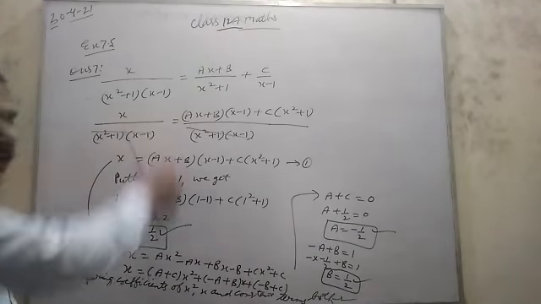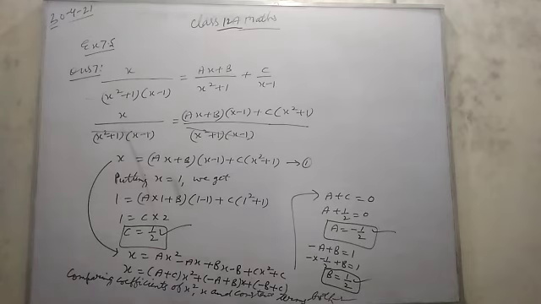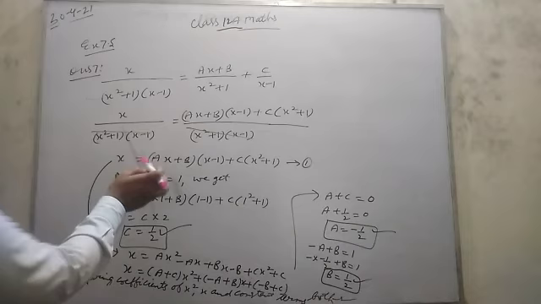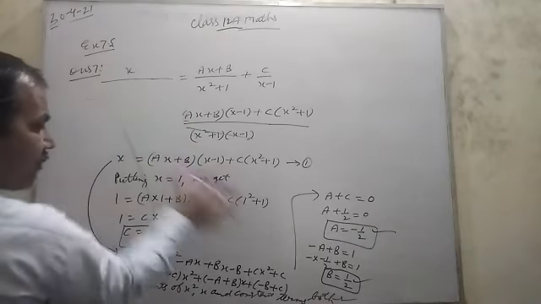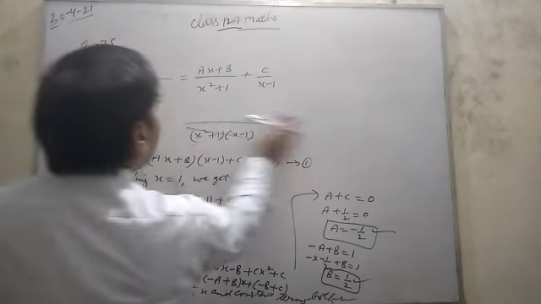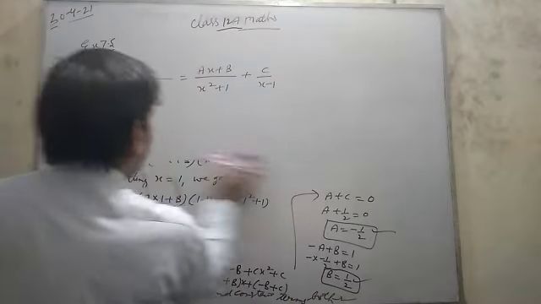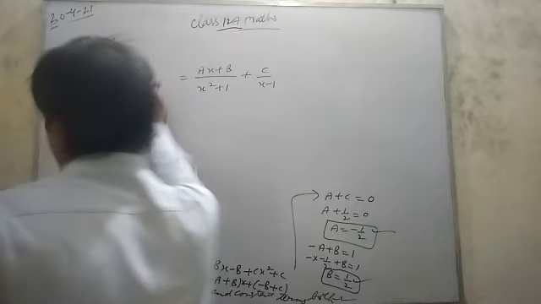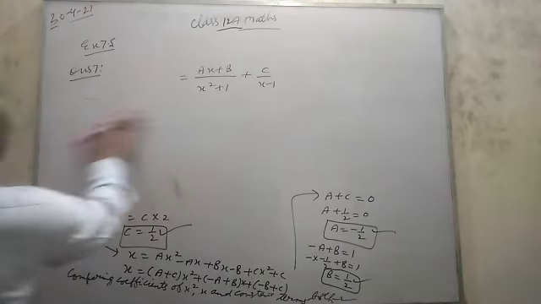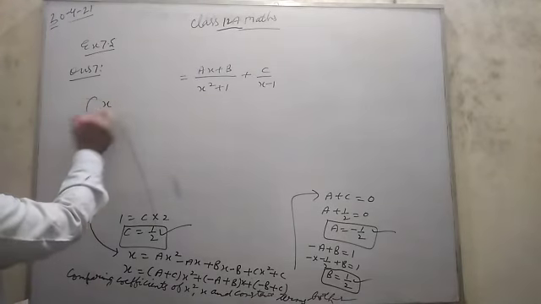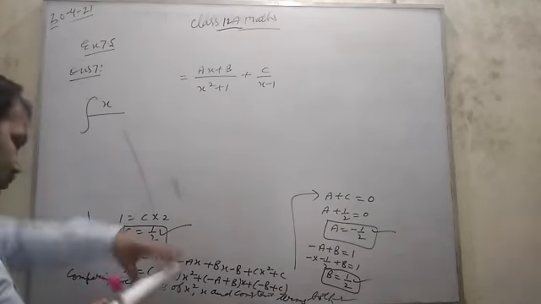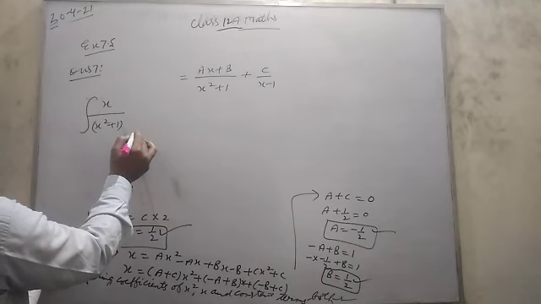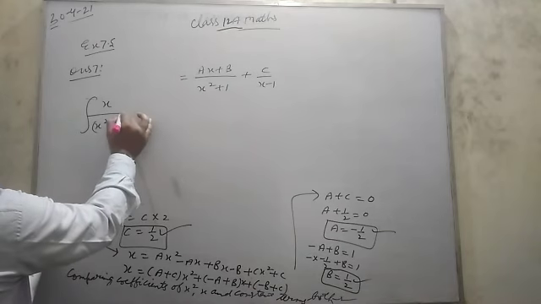So this also you have to do in notebook. Okay, you can also do this inside. Then integrate here, or after finding this then you write again: x upon x square plus 1 times x minus 1 dx.